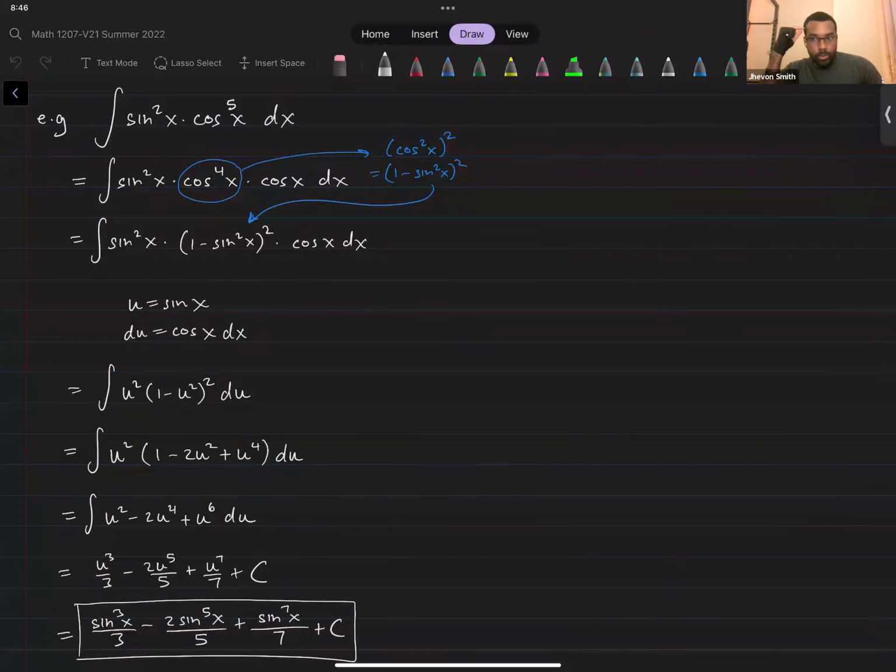Questions on this one? So the upshot is if one has an odd power, one has an even power, save a factor of the odd power, change the rest to the other trig function using that Pythagorean identity.